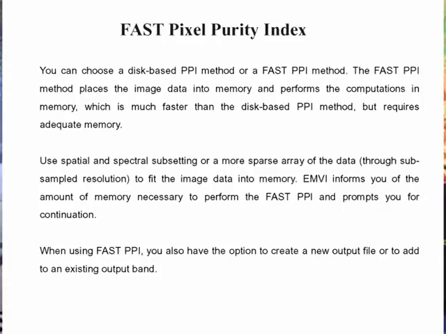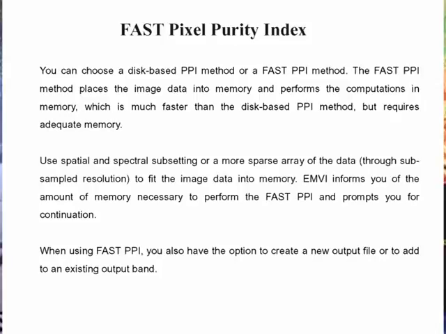Use spatial and spectral subsetting, or a more sparse array of the data through subsample resolution, to fit the image data into memory, and ENVI informs you of the amount of memory necessary to perform the fast PPI and prompts you for continuation.